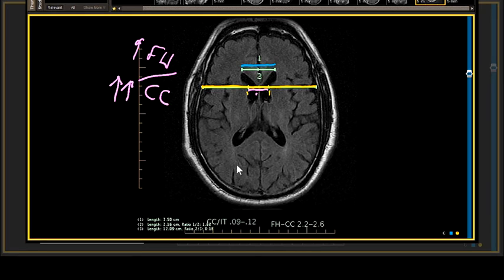So the normal range ratio is 2.2 to 2.6, and in our case it's 1.62, so it's decreased because the intercaudate distance is rising faster than the frontal horn distance, even though there is some frontal component atrophy.